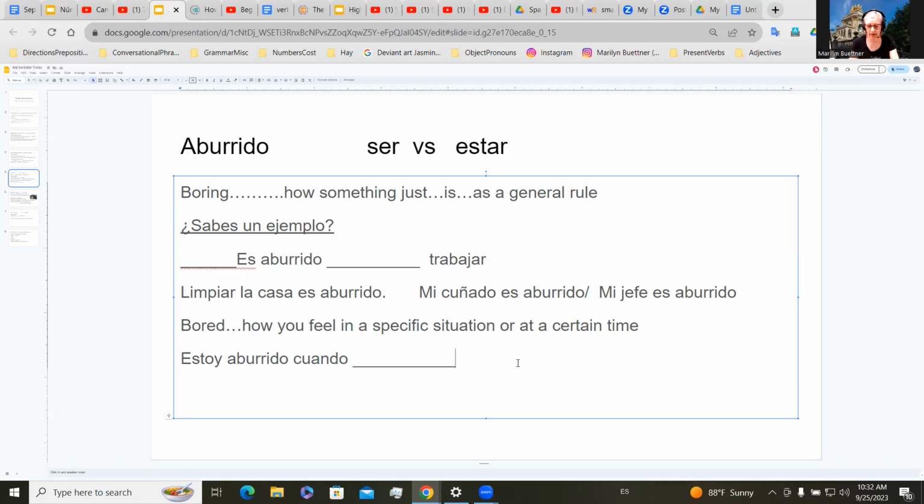Estoy aburrido cuando tengo que manejar al centro. Maybe you don't like driving, right? So you find that boring. Estoy aburrido cuando tengo que manejar al centro, when I have to drive downtown.